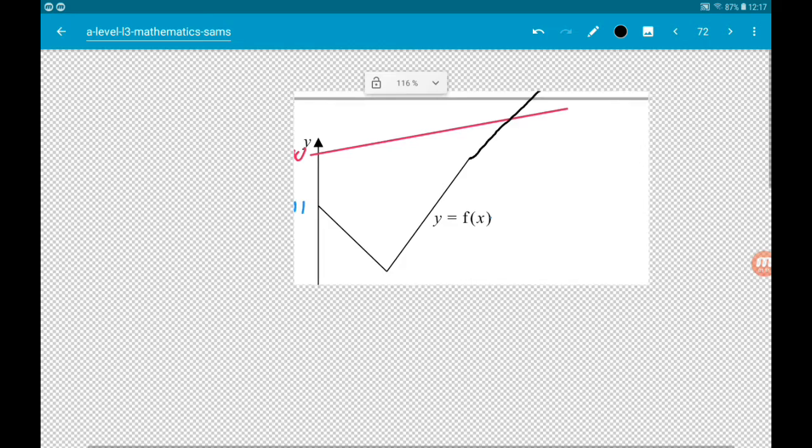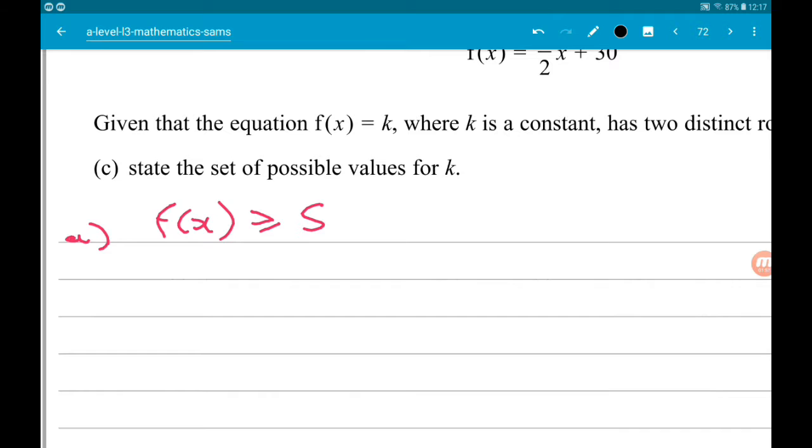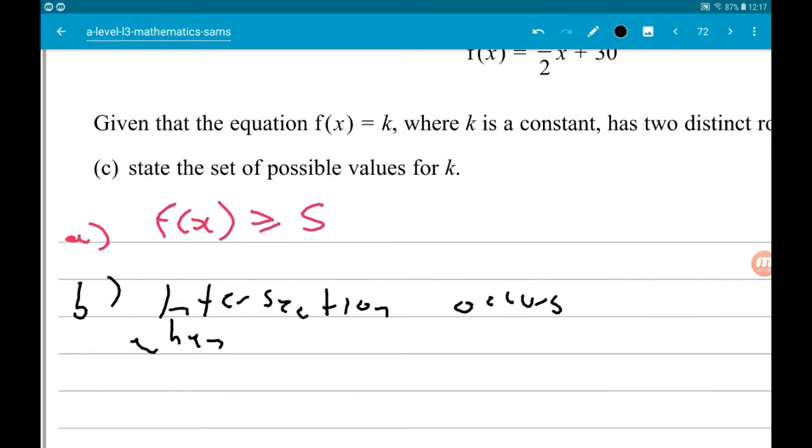So, let's say the intersection occurs when the gradient on f of x is positive.